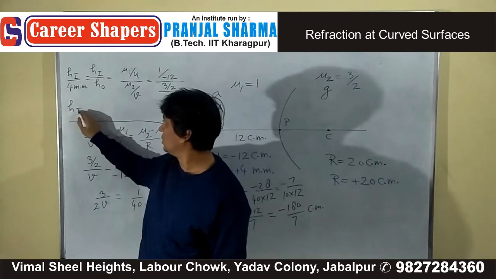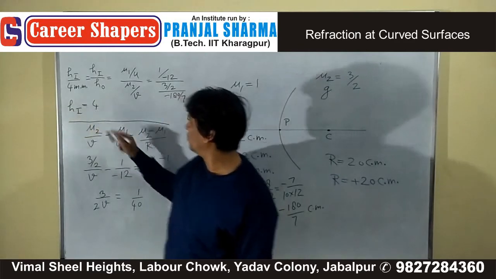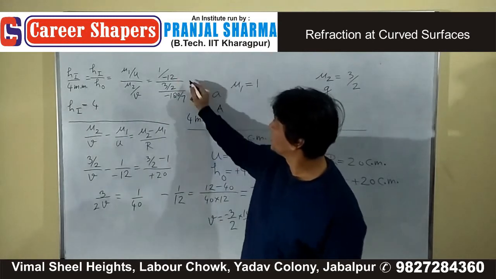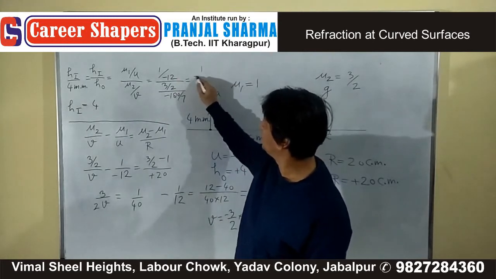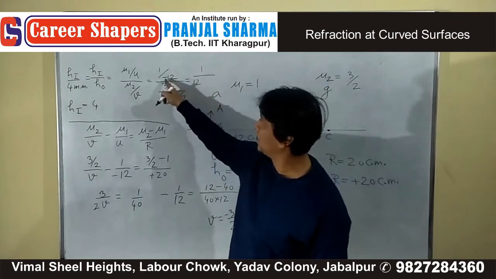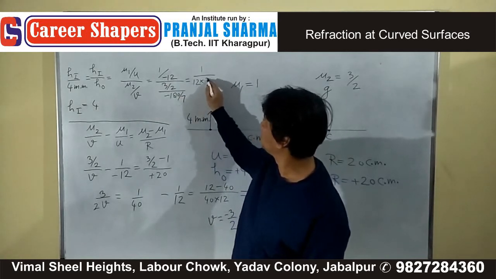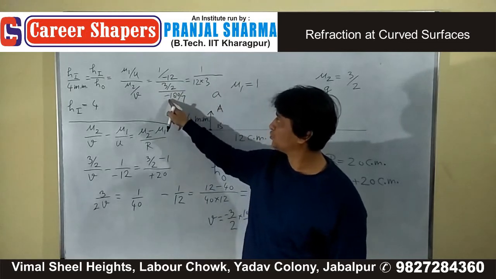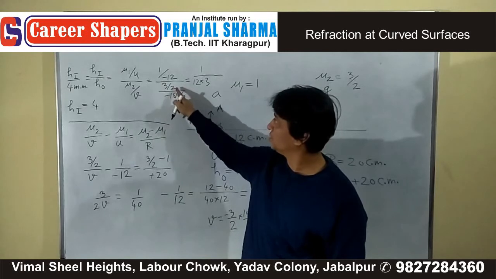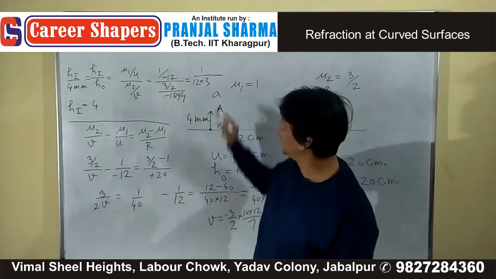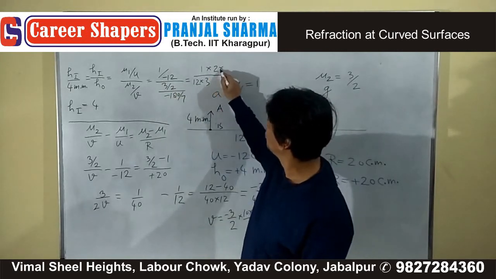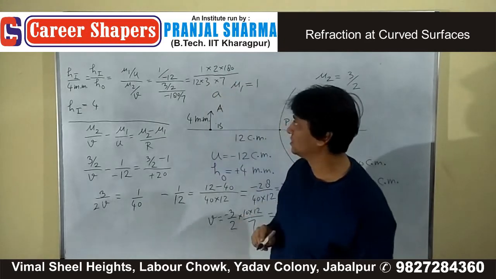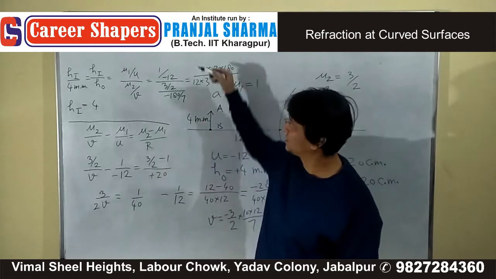This gives us your HI as 4. Negative, negative cancel. This is 1 upon 12 and 3 together in the denominator. This 2 is with 180, it goes here, 2 into 180 divided by 7. Simple maths.